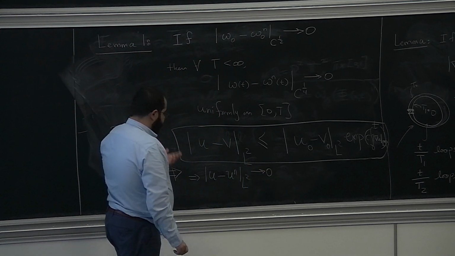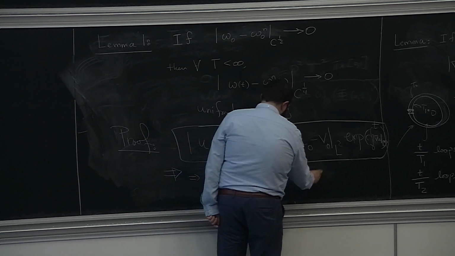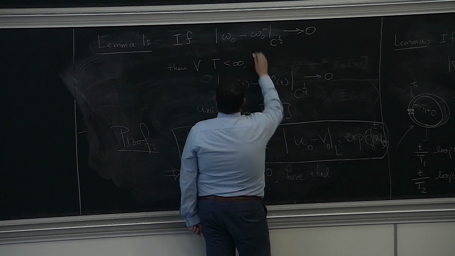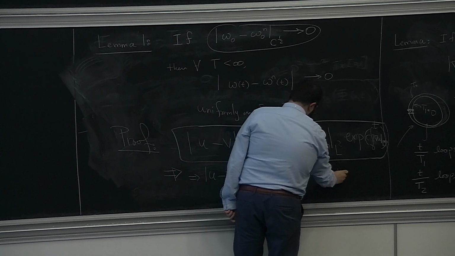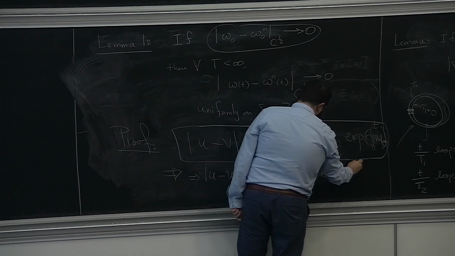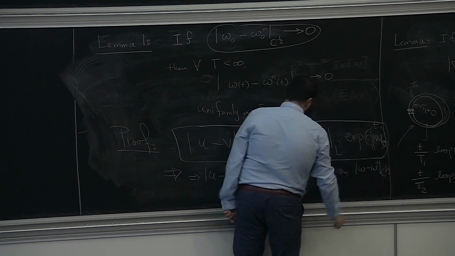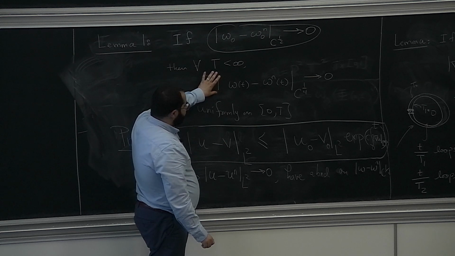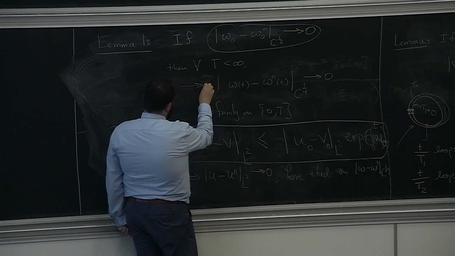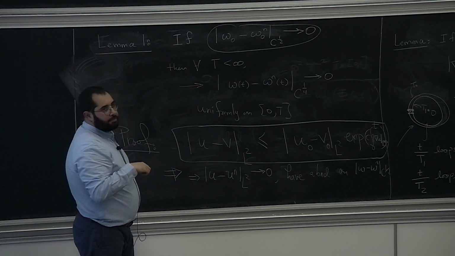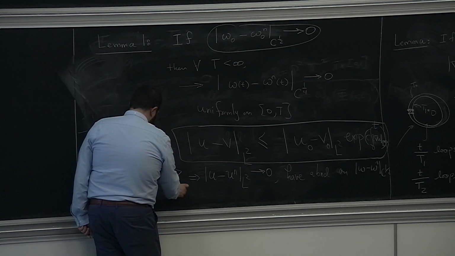And once you know the velocities converge, if you have an upper bound on the C1 half norm, then you can use this fact just by interpolation. Okay, does that make sense? So you just use interpolation.